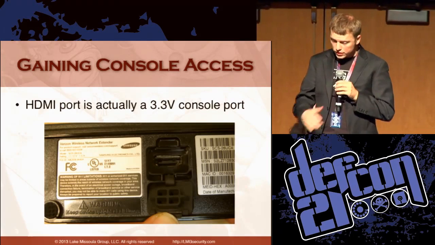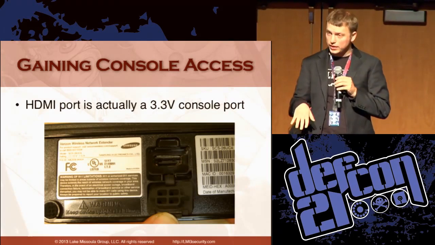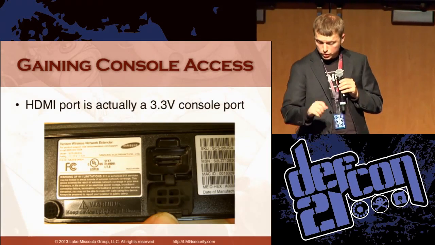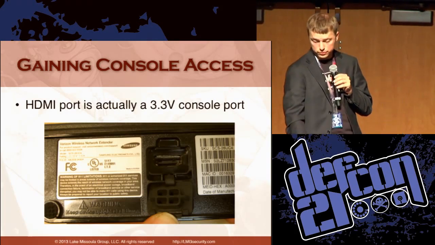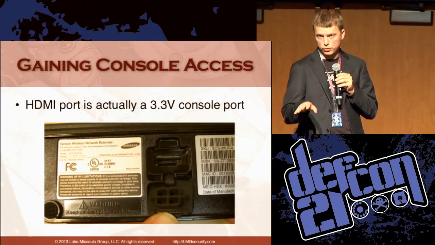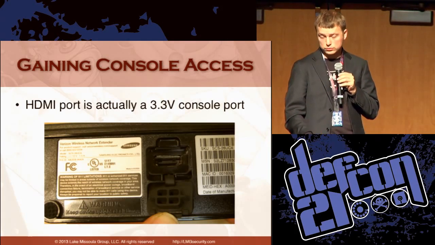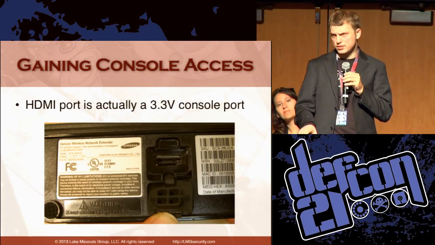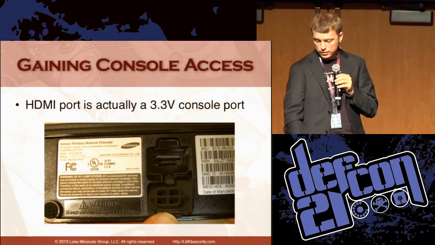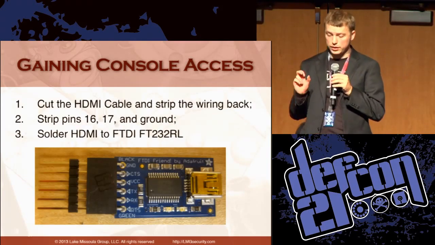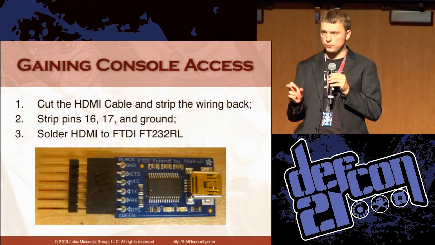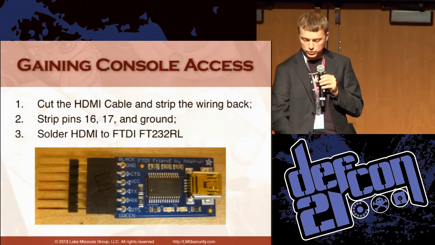So to step backwards a little bit, how do we get root access in console? On the bottom there's an HDMI port. It has 3.3 volt console access on pins 16 and 17. We hook that up to an FTDI Friend from Adafruit, just an adapter for USB.